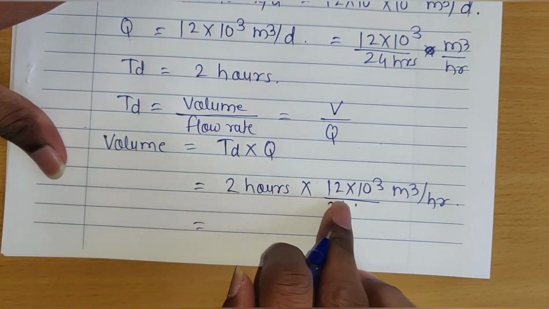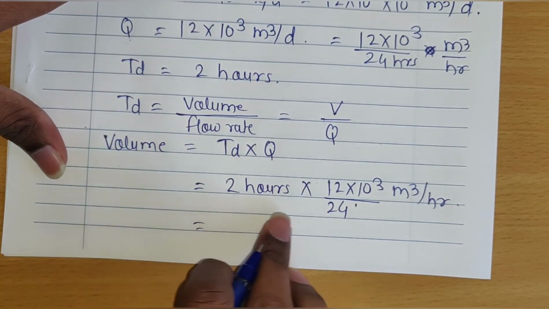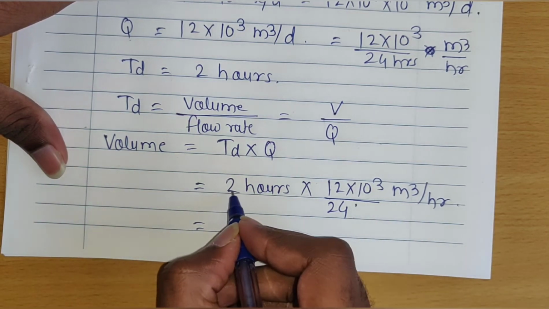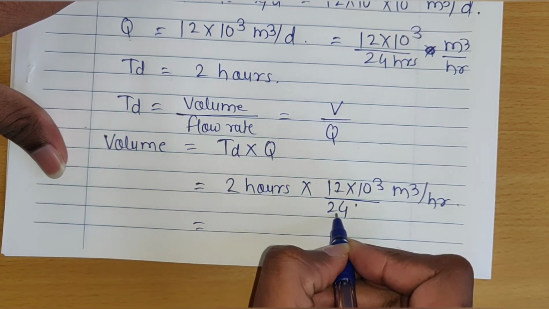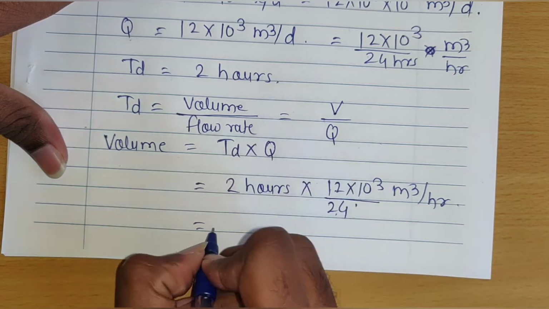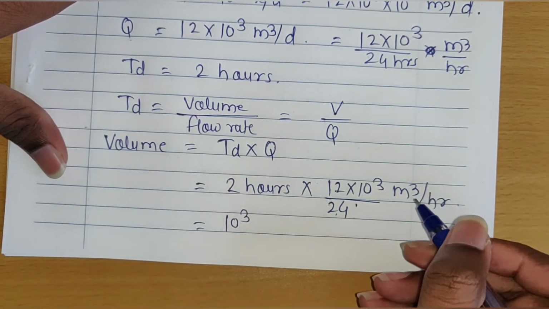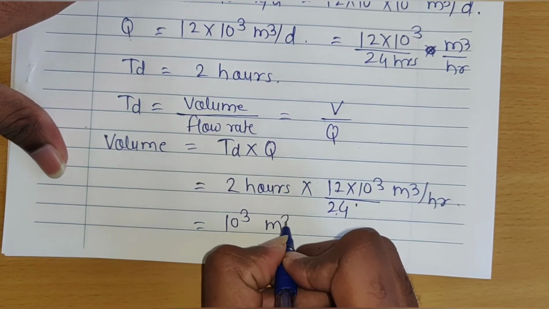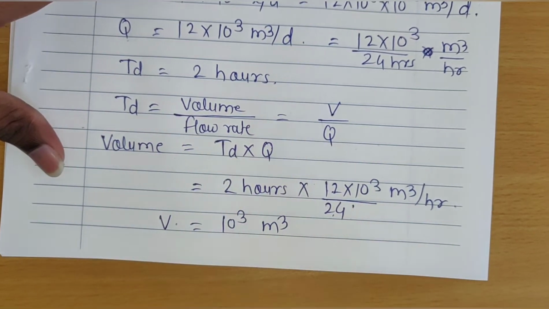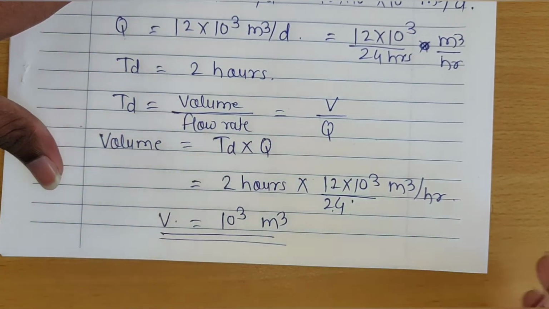After calculating this, you will get the value of volume, because 12 divided by 24 will get cancelled. Volume is 10 raised to 3 meter cube.